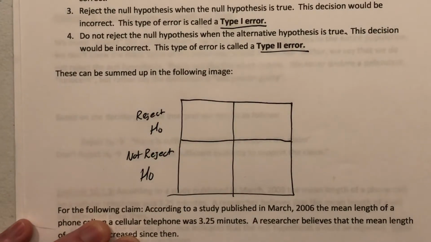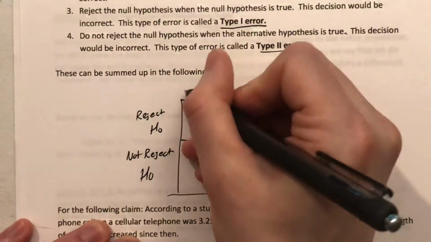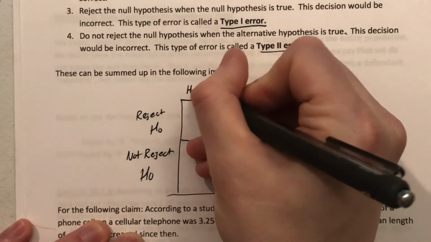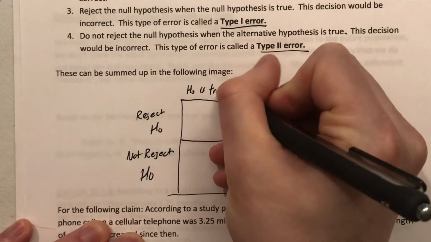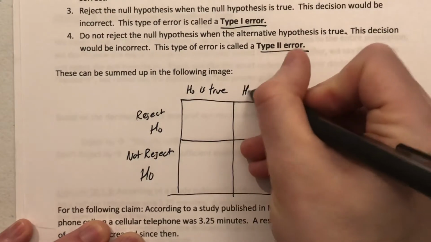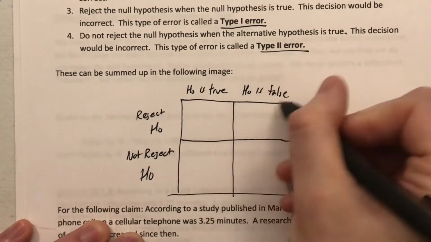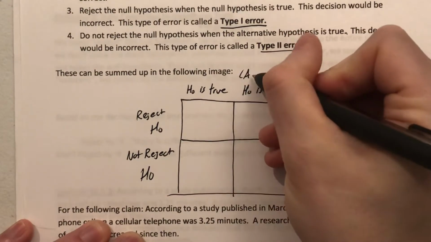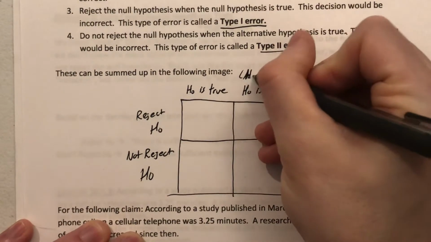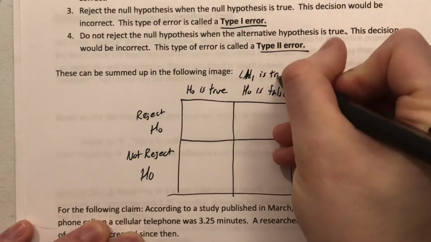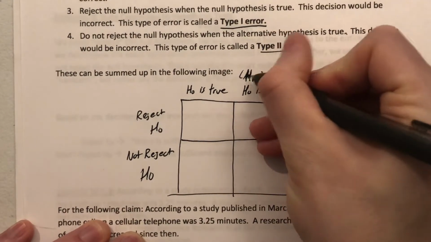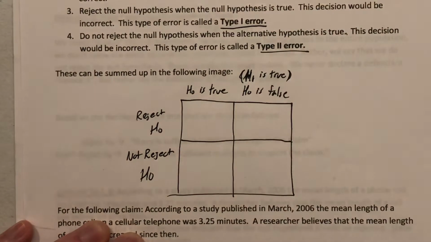That's the only two possible options at the end of a test. And the two possible scenarios are that the null hypothesis is true or it's false. Now again, that's like us saying the alternative is the correct one. So H sub 1 is true.